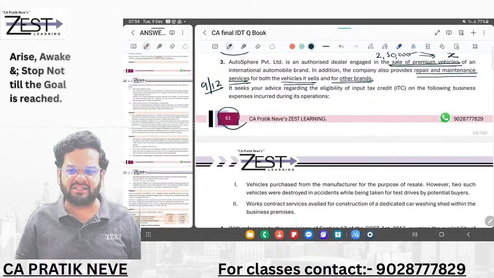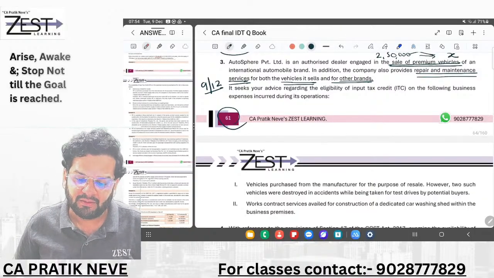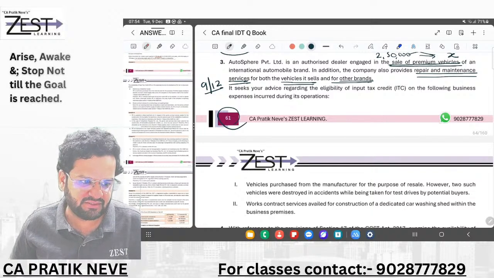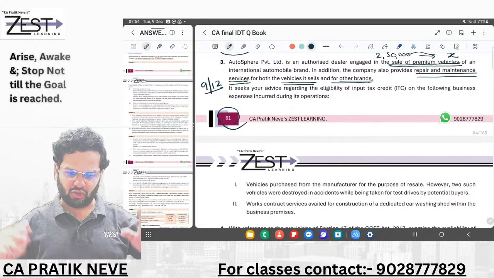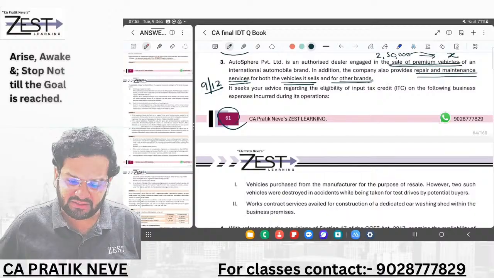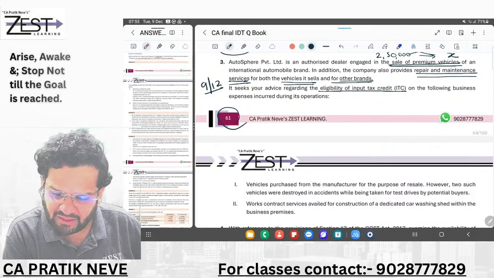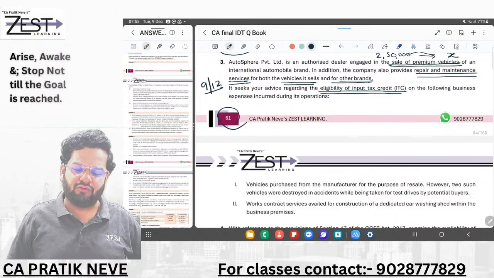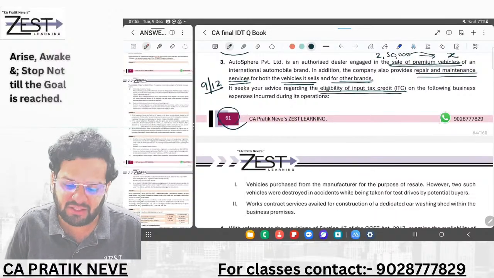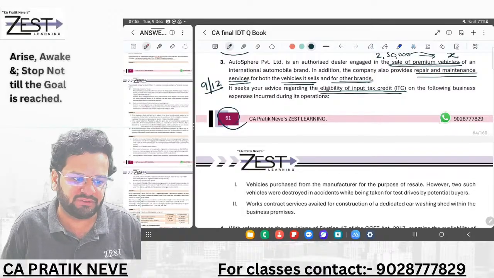Understood your business model? Autosphere Private Limited is seeking your advice regarding eligibility of ITC on the following business expenses incurred during its operations.